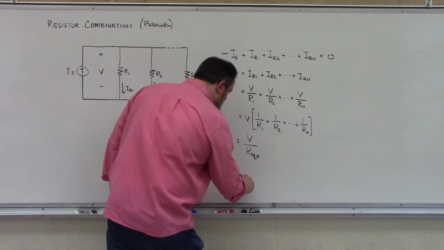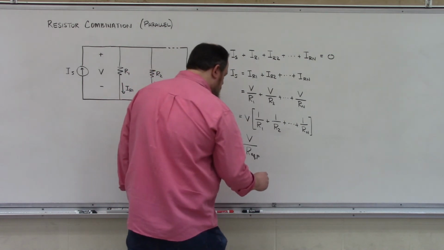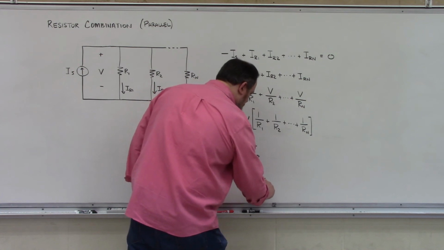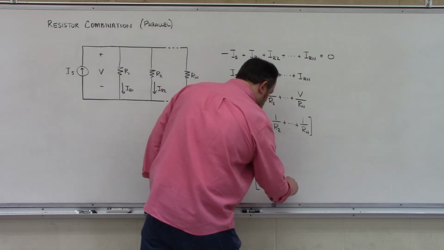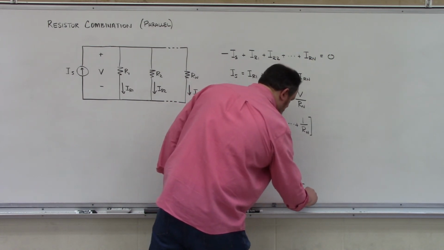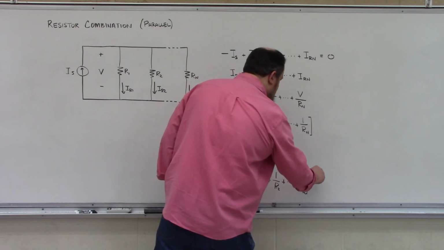Req,P is equal to 1 over R1 plus 1 over R2 plus 1 over Rn, and this whole quantity, we take the inverse of it.